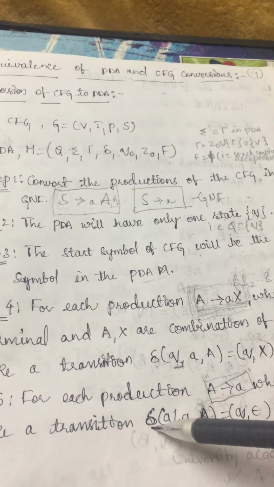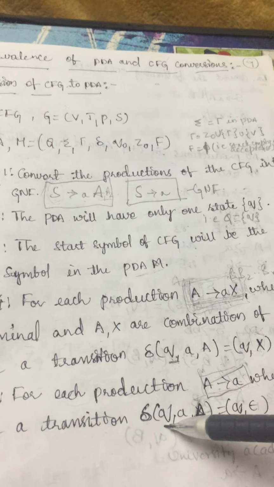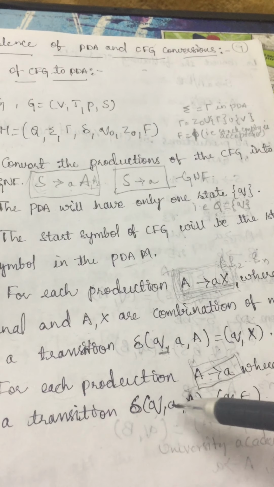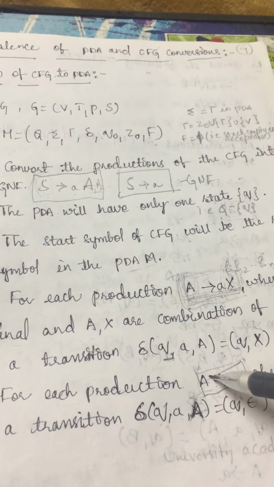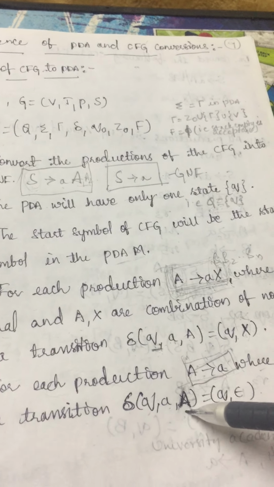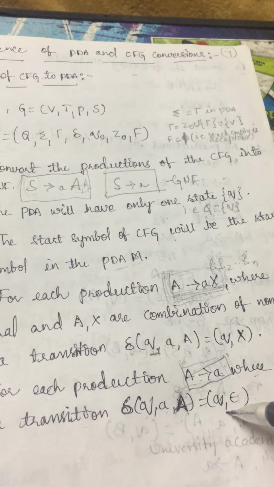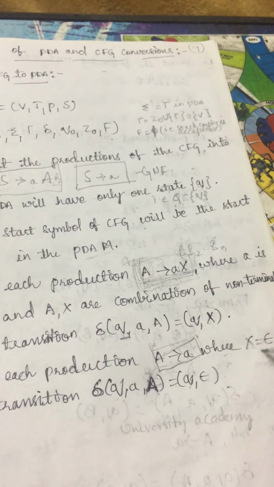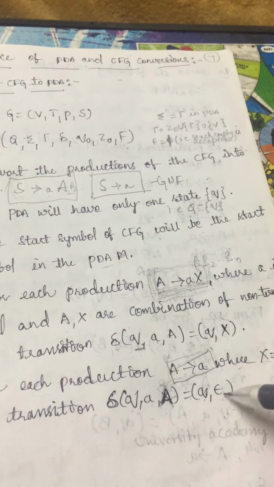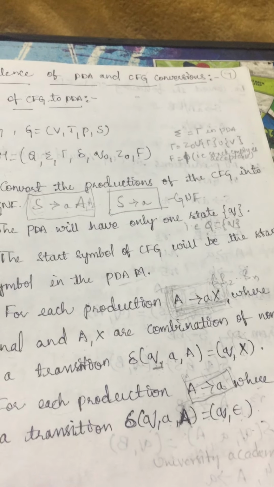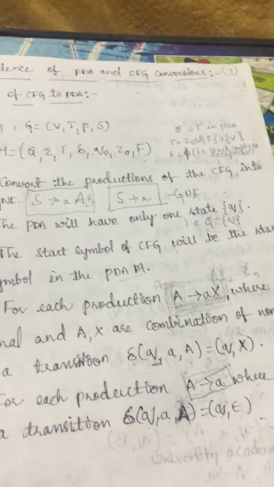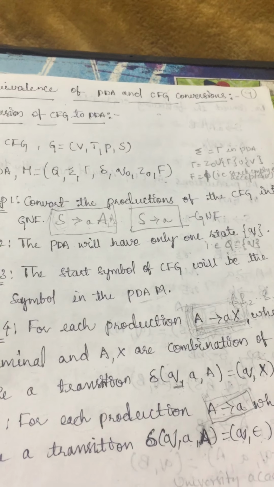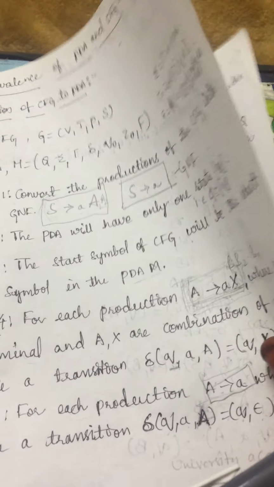The transition is delta of the single state Q, the terminal symbol A, and the non-terminal on the LHS of the production, capital A, is equal to the state Q followed by X. Here what is X? Epsilon. So that epsilon has to be written here. So this is how we write the transitions for the given CFG. So let us see an example.